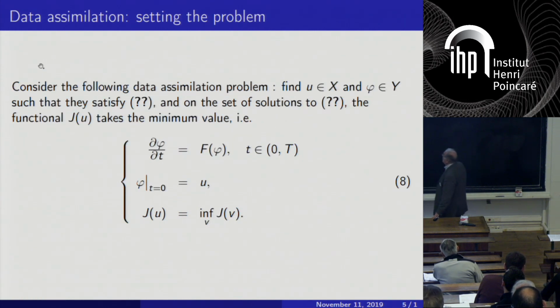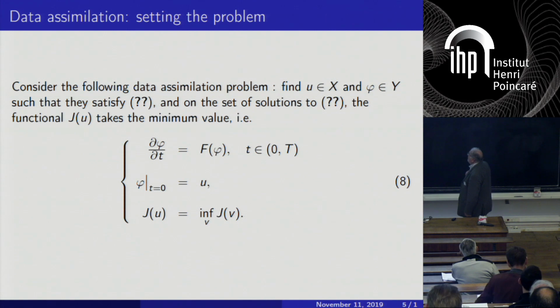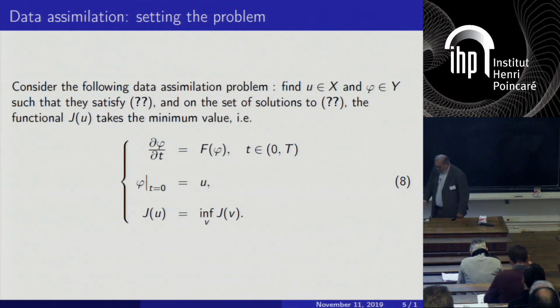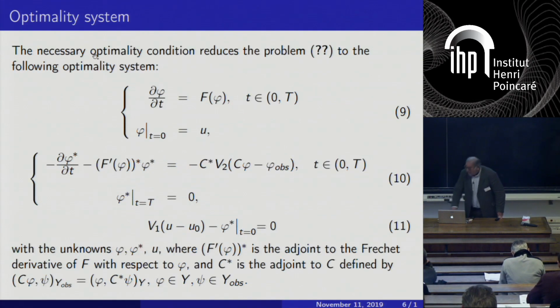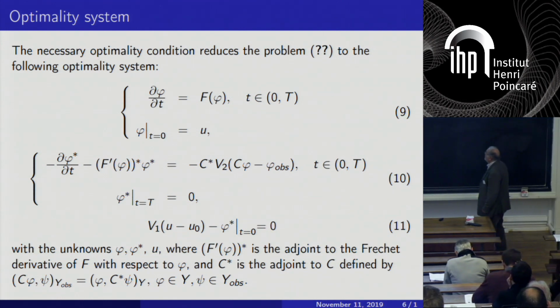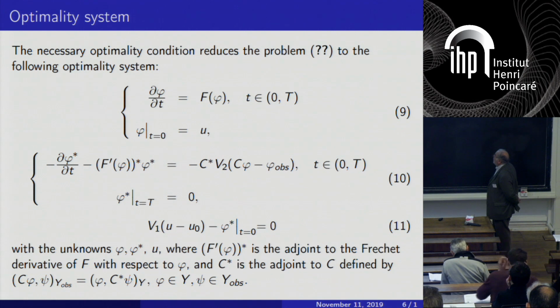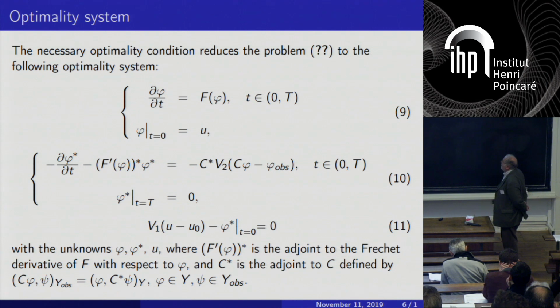Okay, so this is the problem of variational data assimilation, and the game is to minimize J. To do it, as usual, we introduce the adjoint problem and the adjoint variable. Phi star is the adjoint variable. The first equation is the model itself. The second equation is the adjoint model, with the final condition phi star at time capital T equal to 0.